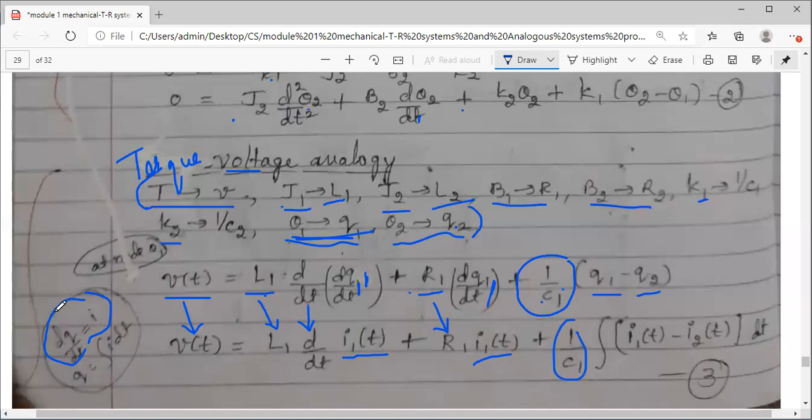From the dq by dt equation, I can take the total charge Q. Total charge Q will be the integration of I dt. So I have replaced the charge Q with the integration of current. So as it is, 1 minus 2, the integral of I1 minus I2 dt.